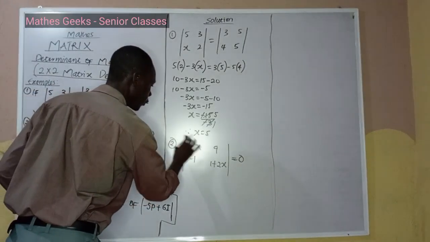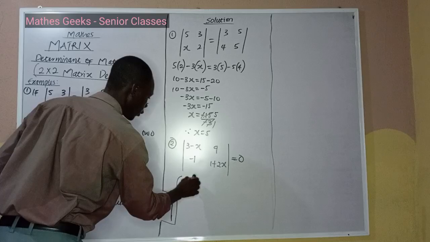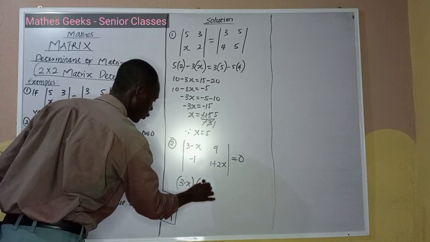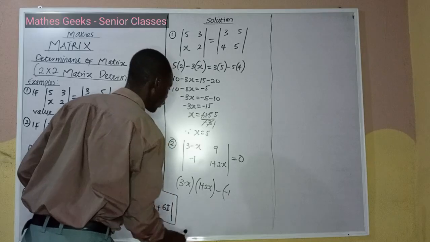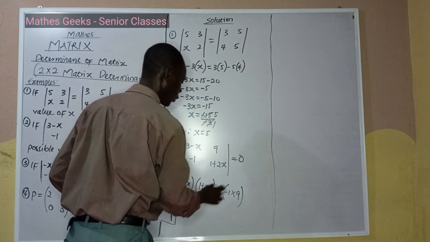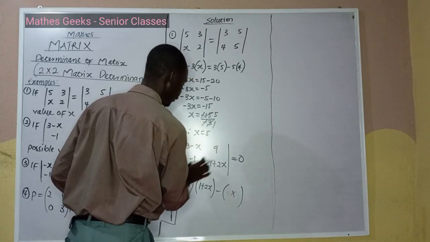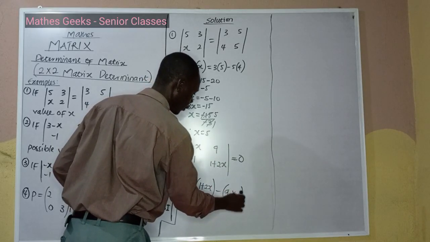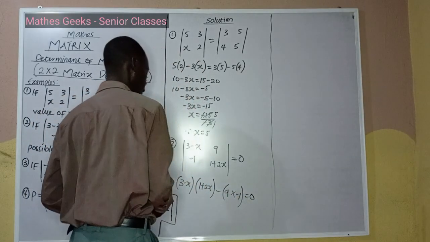So we multiply this by this, that's 3 minus x times 1 plus 2x, minus minus 1 times 9, which is 9 times minus 1, equals 0.